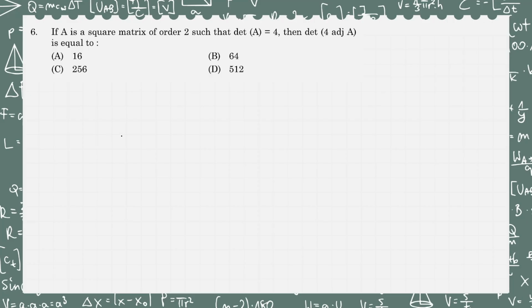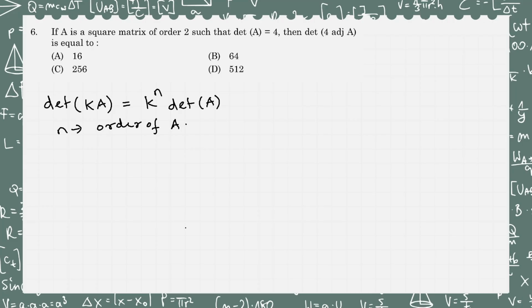First of all, we need to remember some formula over here, which is determinant of k times A equal to k to the power n times determinant of A, where this n is the order of the matrix A. So here given A is a square matrix of order 2, so n is equal to 2 here.